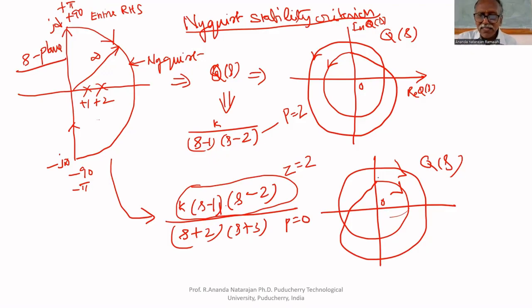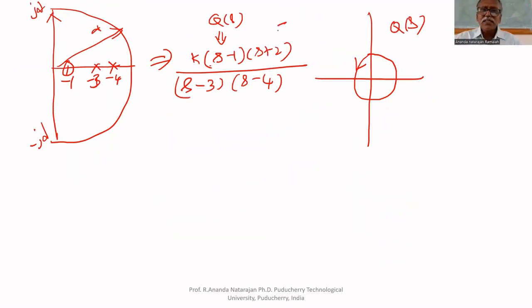That's why it will encircle the origin in the clockwise direction twice. In the third case, Z equal to 1, P equal to 2. The difference is P minus Z equal to 2 minus 1 equal to 1. That is, P is dominating, so it will encircle in the anti-clockwise direction only once.